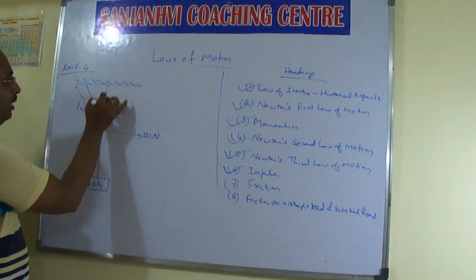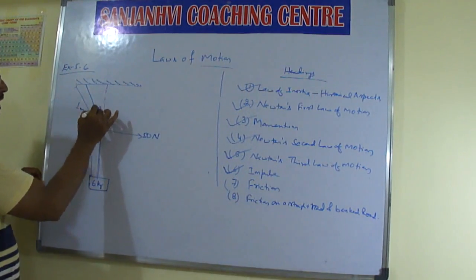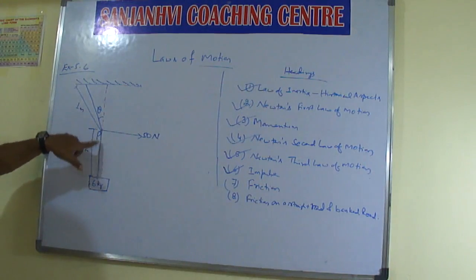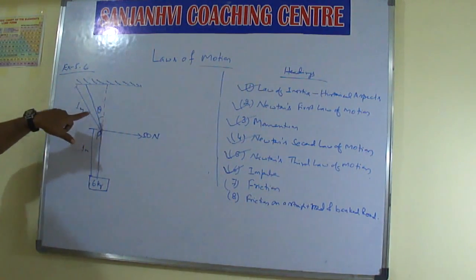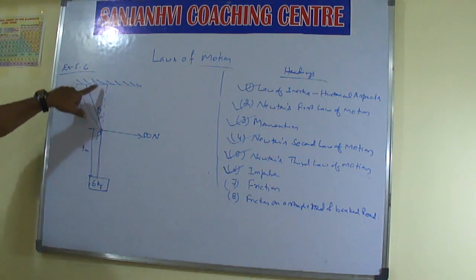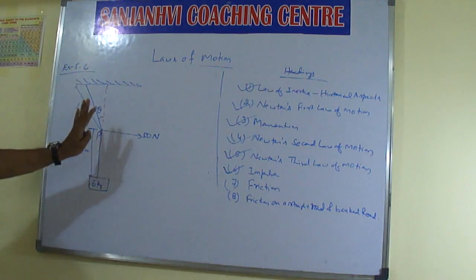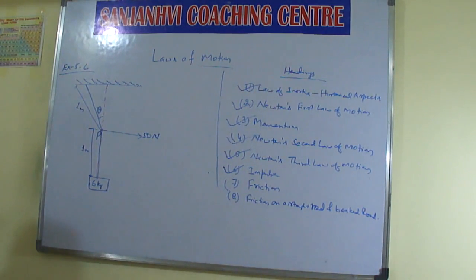So this is the vertical. So what is the angle this particular rope is making with the vertical? In equilibrium. This system is in equilibrium.